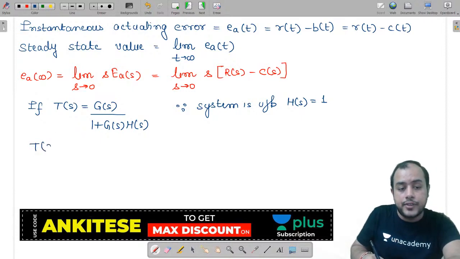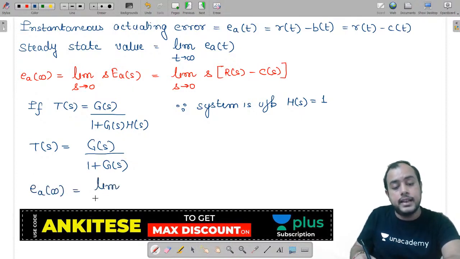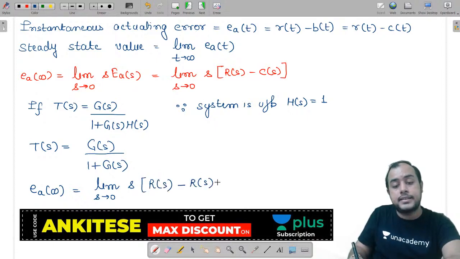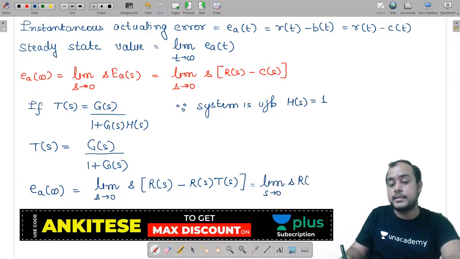That means the transfer function that you will get will be G(s) by 1 plus G(s). Okay. So now my friend, what is e_a(infinity)? It is limit s tending to 0, s into R(s). C(s) will be R(s) into T(s). Which means limit s tending to 0, s R(s) (1 minus T(s)).